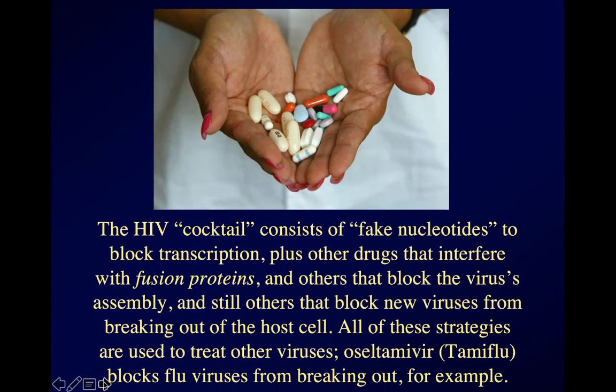They'll give you some of these fake nucleotides like Videx that block transcription. There's other drugs that interfere with fusion proteins that help the virus bind to the cell. There's others that block the virus from assembling. There's others that block new viruses from breaking out of the host cell. So if you have HIV, they try to hit you with several weapons at once. And that's more effective than just one approach would be.